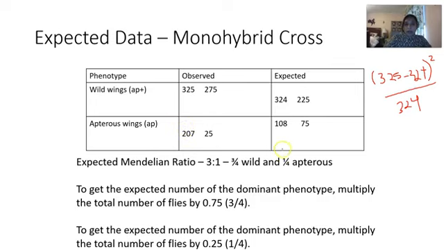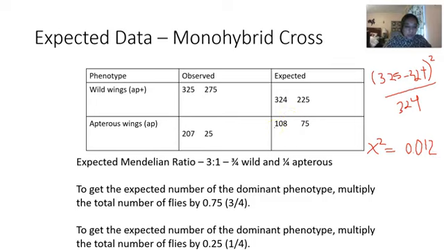So in this first case, the chi-square value comes out to be 0.012. Let's look at the other one, because the other one is a lot different, right?